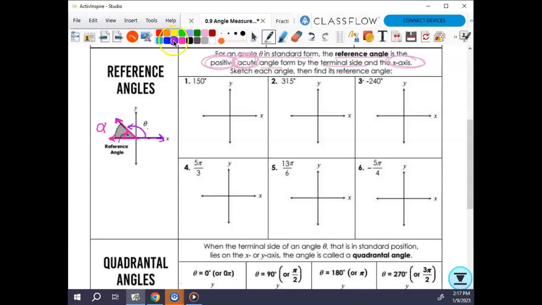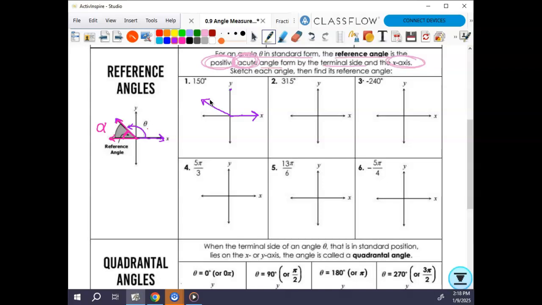So let's graph 150. I'm going to start here. This gets me to 90, right? How much farther do I have to go after 90? Is it halfway? What's 150 minus 90? 60. So it's more than halfway. It's like 2/3 of the way. So we're going to aim for 2/3 the best we can. Halfway would be 45.